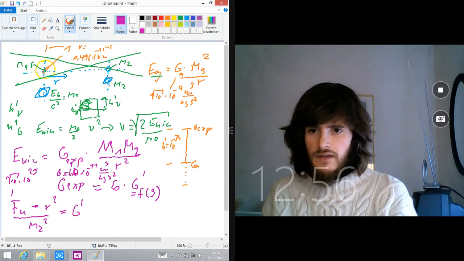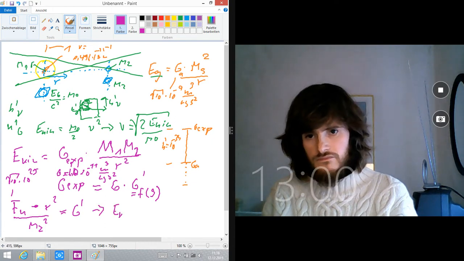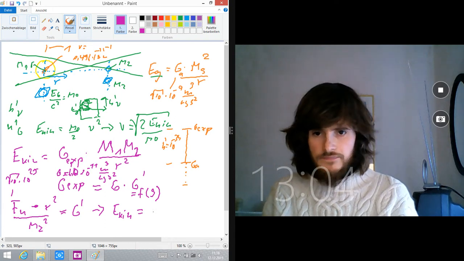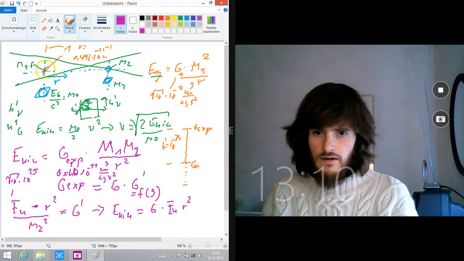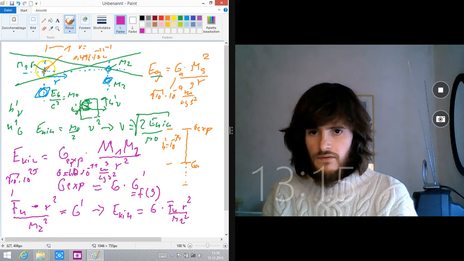Then we take this kinetic energy and substitute here G times G bar, Fu r squared, and then we have also to put in this here.